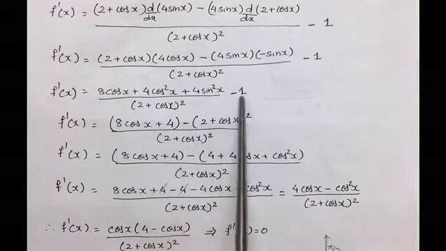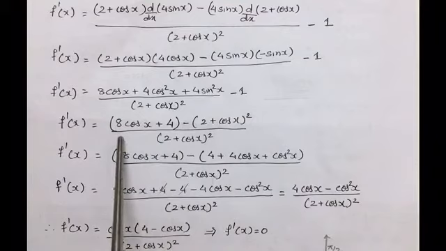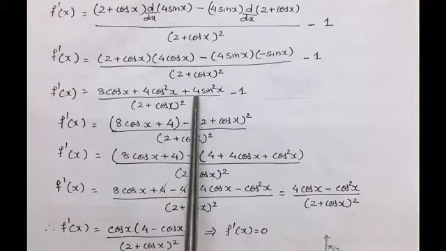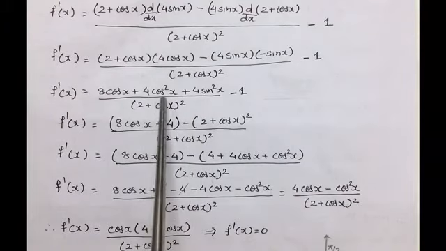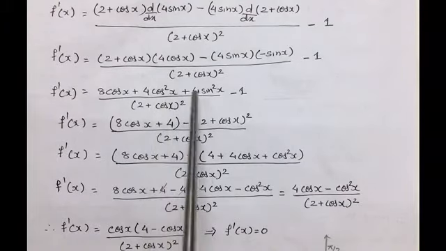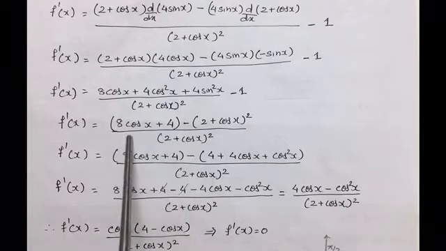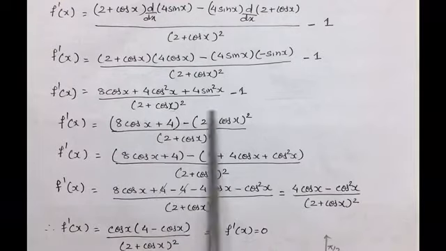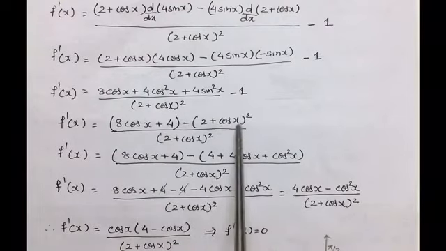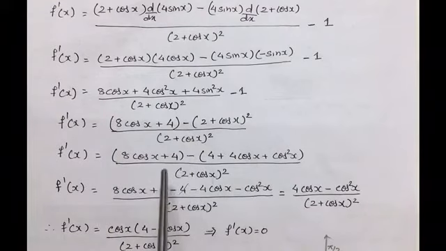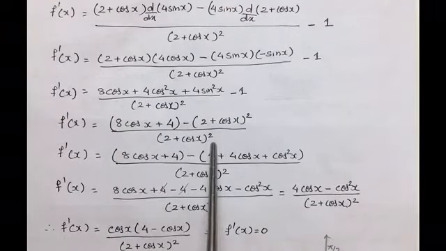Now taking the LCM, and removing 4 common from these two terms, we get inside the bracket cos square x + sin square x, that makes it 1. So we get 8 cos x + 4, with (2 + cos x) whole square taken as the LCM, whole divided by (2 + cos x) whole square.